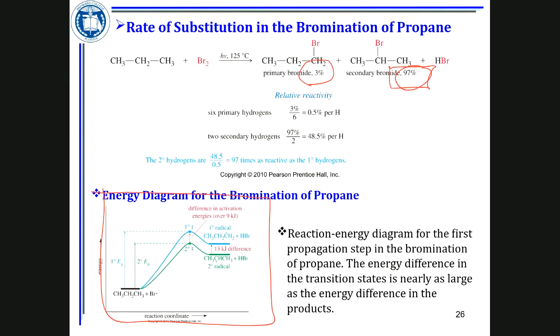It is less reactive but more selective. Chlorination is an exothermic reaction, and it is less selective because chlorine is more reactive. More reactivity, less selectivity.